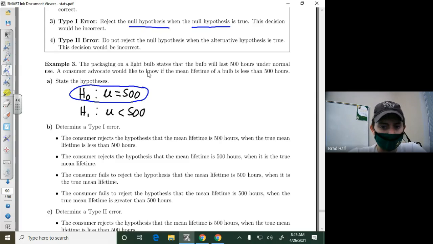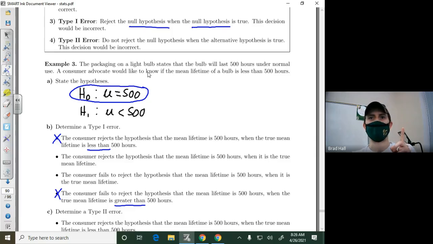So as I look through all of these, the first one is automatically wrong in part B. The reason why? It says less than. Type 1 errors do not look at the alternative at all. So the first one's wrong. Well, the last one is definitely wrong as well, because it's talking about greater than.